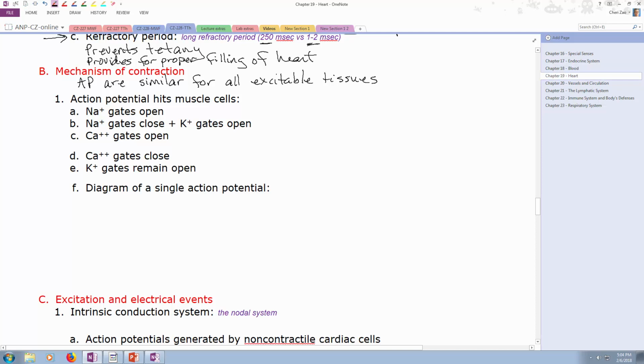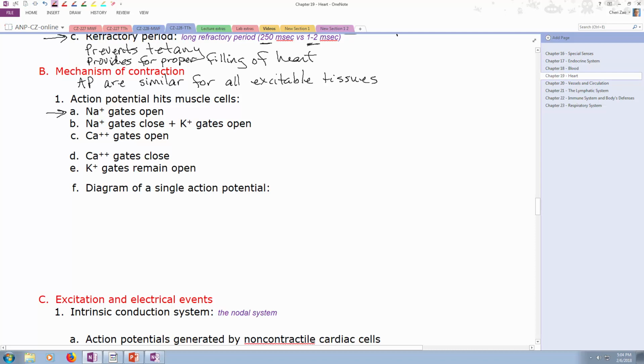Our notes here state when the action potential hits a muscle cell, it causes the cell's sodium gates to open, and you know sodium's going to flood into the cell. So this is actually just a regular heart muscle cell. What's interesting is the sodium gates stay open until a peak of our action potential. And what was that for when we did nervous tissue?